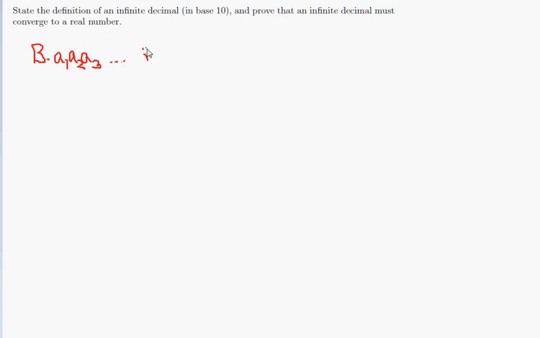And this is associated with the real number b plus the summation j equals 1 to infinity a sub j over 10 to the j.